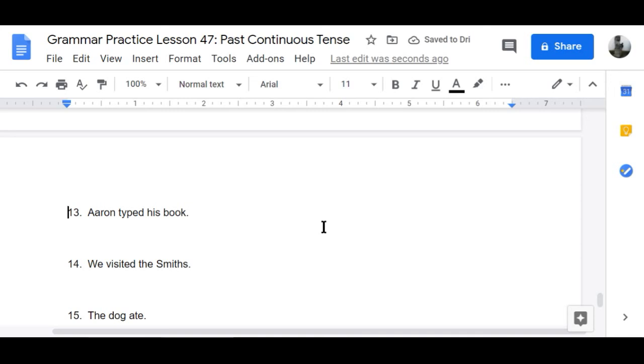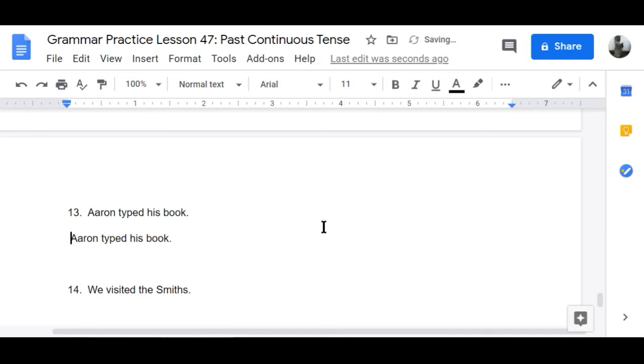Aaron typed his book. Aaron was typing his book when his computer stopped working and he lost everything because he didn't have backup and no cloud.